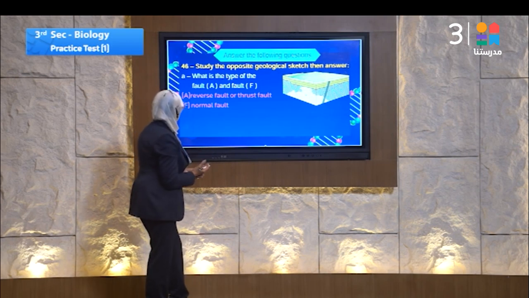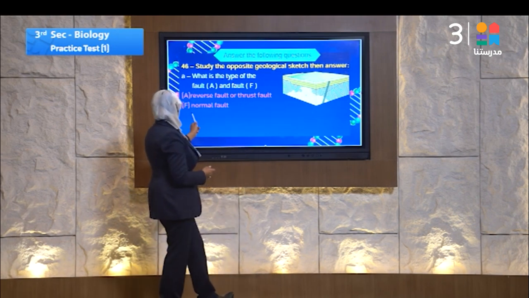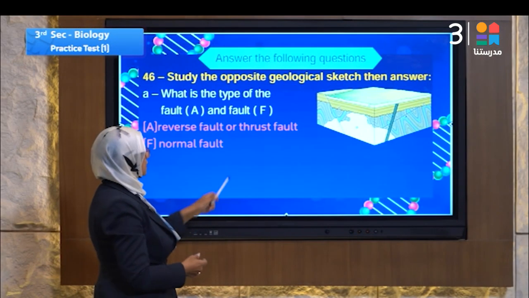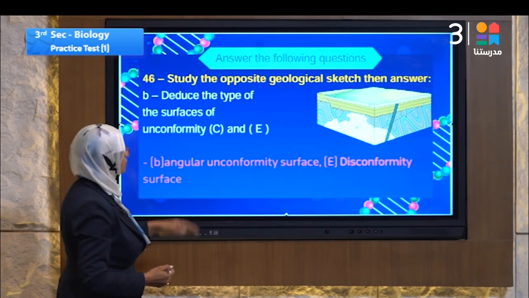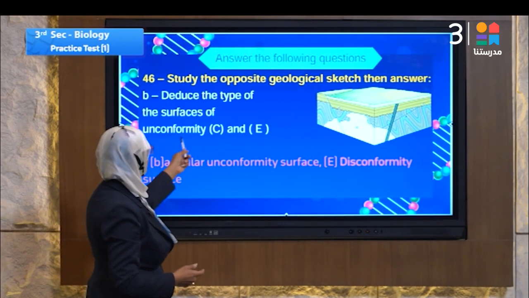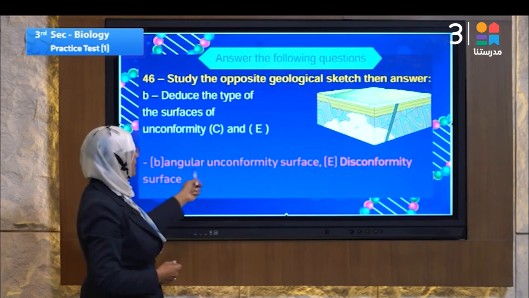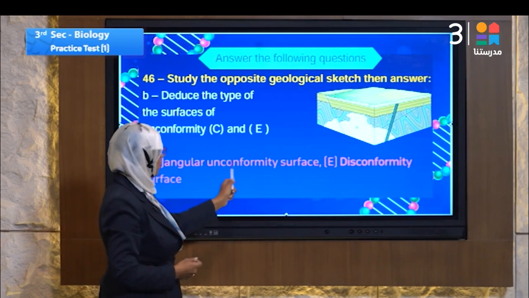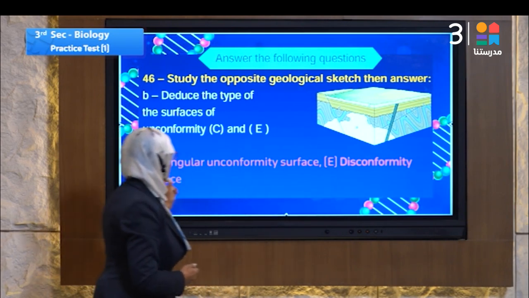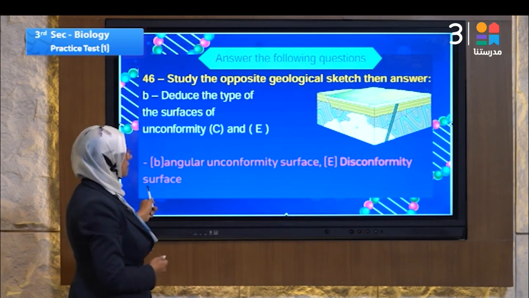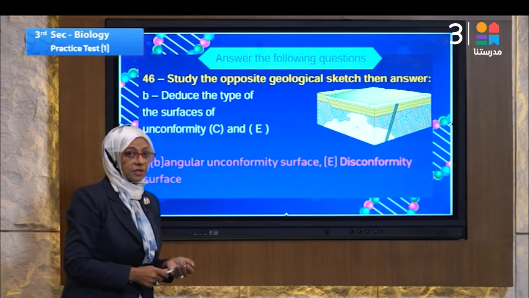A is a reverse fault and F is a normal fault. The second part of the question speaks about unconformity, C or E. C is an angular unconformity surface, and E is a disconformity surface. So we must study the figures of earth science carefully to make the answer.